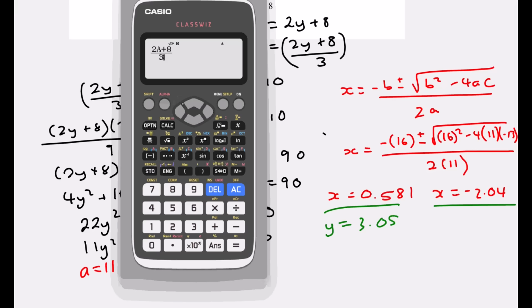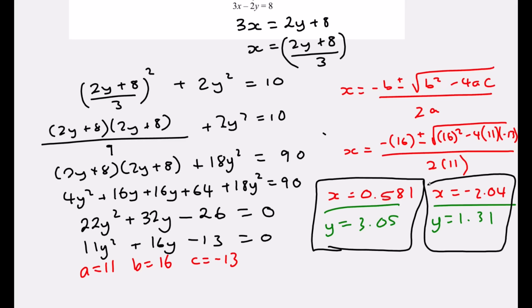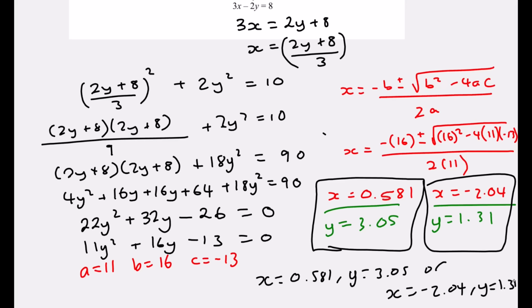And (2B plus 8) over 3, 1.31. So when we give our answer, we have to give these as pairs. So it's these two together and these two together. So x is 0.581 and y is 3.05, or x is negative 2.04 and y is 1.31.